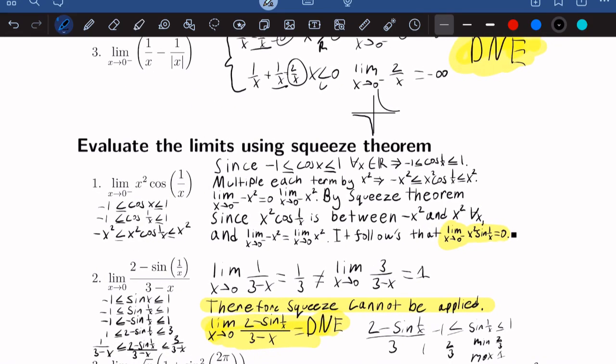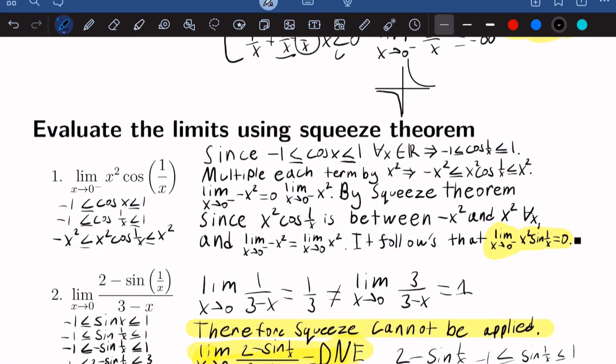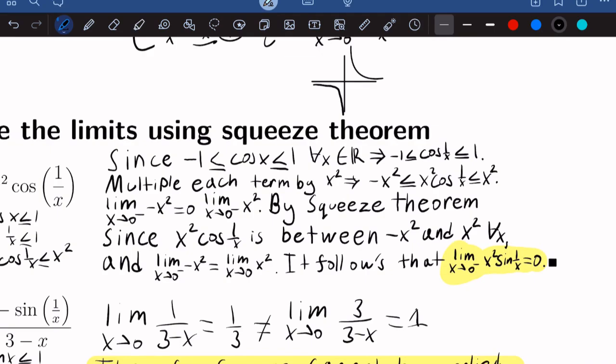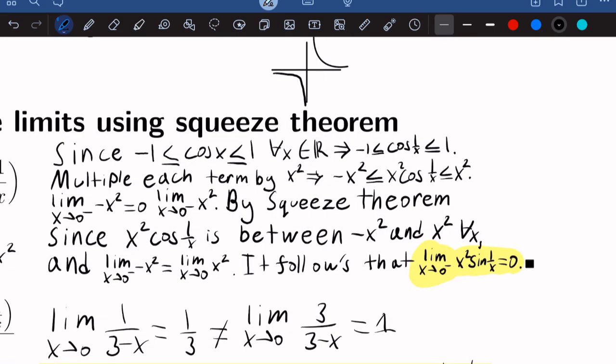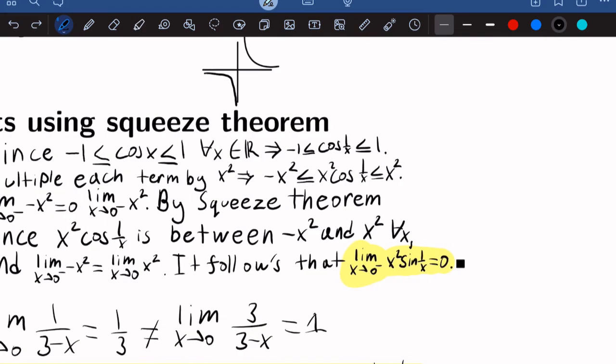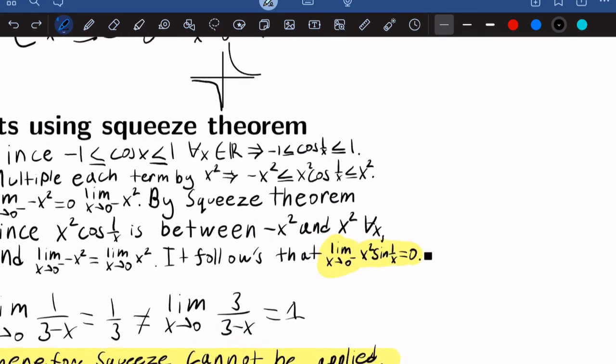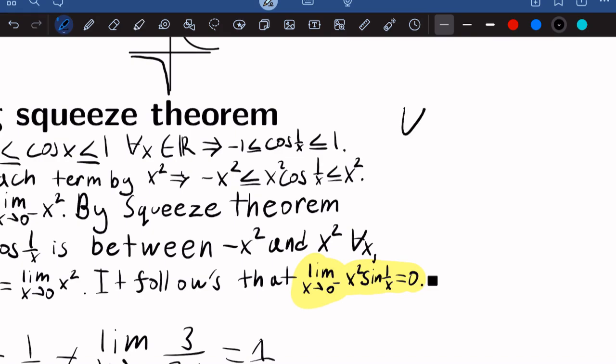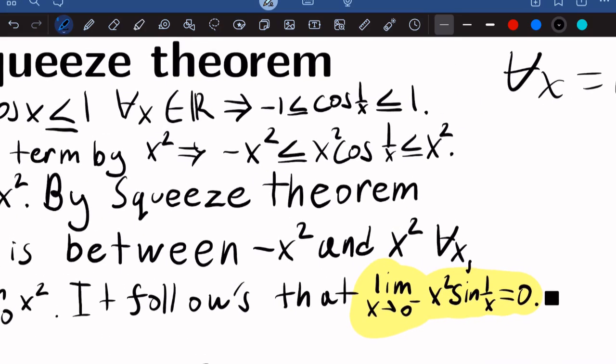Now my favorite, squeeze theorem stuff. So just to recap what these symbols mean, these ancient Egyptian symbols. This means for all x.